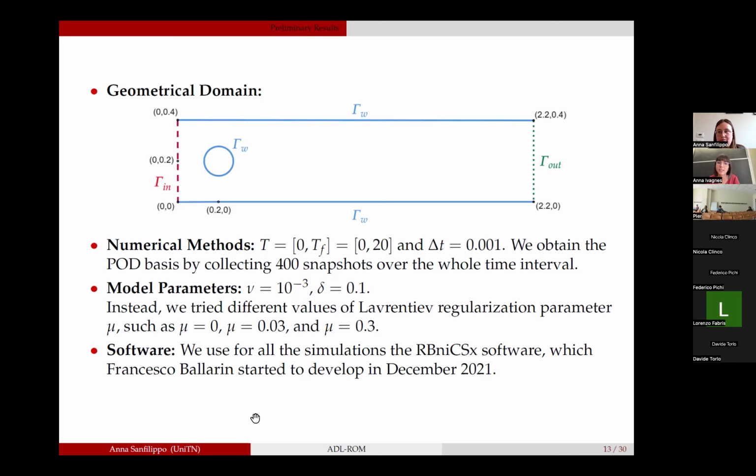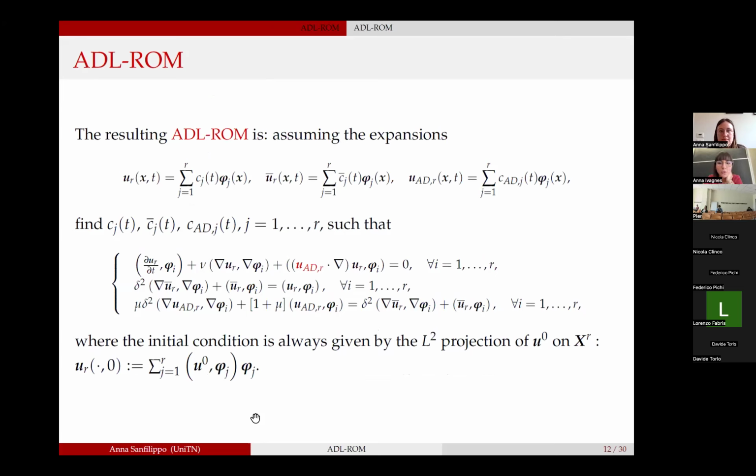And another curiosity, it's about the approximate deconvolution Leray-ROM. If I remember correctly, it's slide 12, the one before this one. Okay, yes, this formulation here. So basically, in L-ROM and ADL-ROM, you have this velocity UAD in the nonlinear term, but only in one of the two velocity terms.